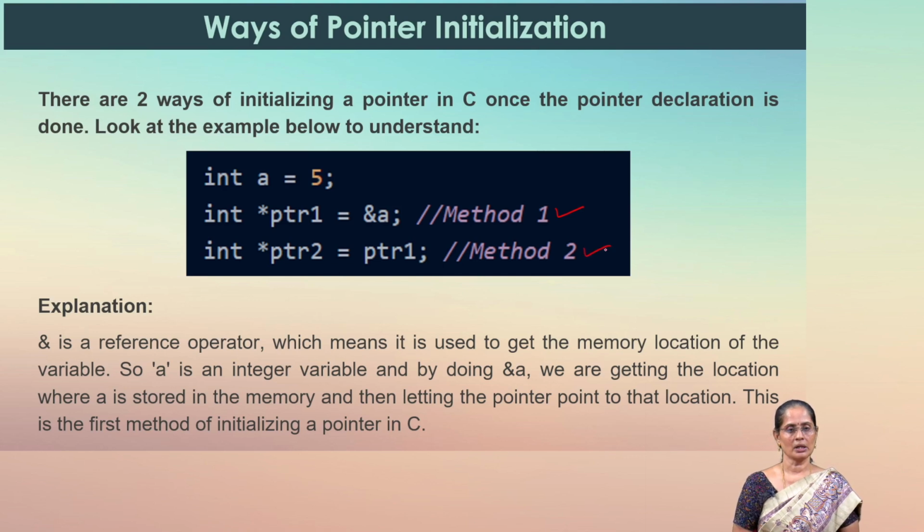Ampersand is the reference operator, which means it is used to get the memory location of a variable. A is an integer variable, and by using ampersand A, we make the address or location of variable A be pointed to by the pointer variable ptr1. This is the first method. So, what do we do in method 1?